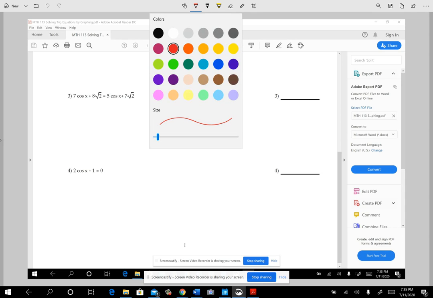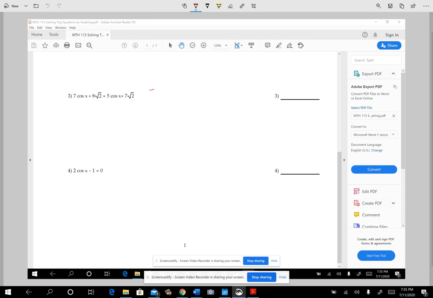So what I'm going to do first is, well, first let me write it a little bigger so you can see it. All right, so what I'm going to do is subtract 5 cosine x from both sides. Okay, that'll give me 2 cosine x plus the 8 square root of 2 equals 7 square root of 2.